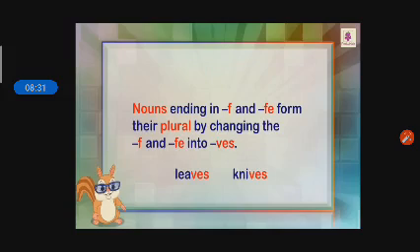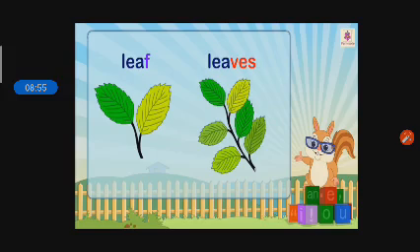Now the second rule: nouns ending in F and FE form their plural by changing the F and FE into VES. See the examples below, leaves and knives. Okay, let me explain with an example. See here, LEAF, leaf.